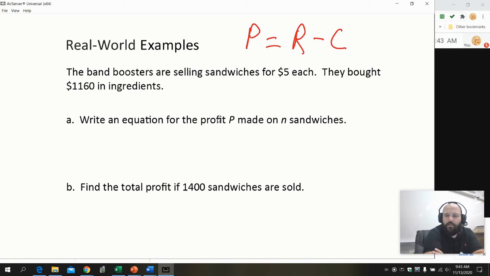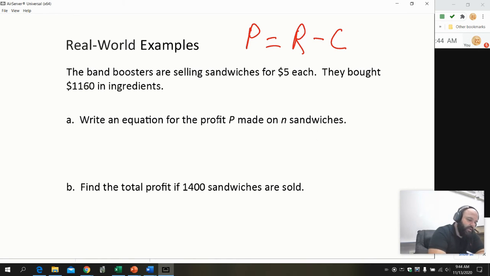So when you sell something, unless you made it from scratch, you had money invested in time and materials to make whatever you're making. And so if you take how much money you have coming in and you subtract away the money that you spent to get that, what you're left with is your profit. And you hope that your profit is a positive number, right? If your profit is negative, that means you're losing money.